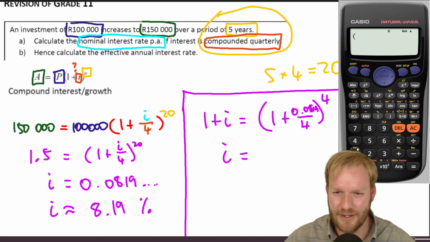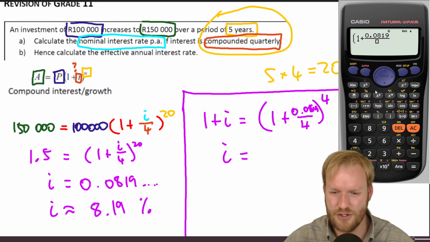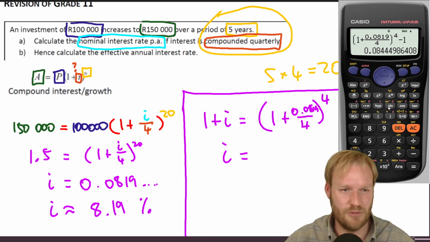So either way, 1 plus 0,0819. It would have been easier if we just used the answer from before, but I'm showing that part because this is going to change something in the last decimal place, which doesn't really matter. And subtract 1, and we get 0,08 and so on.